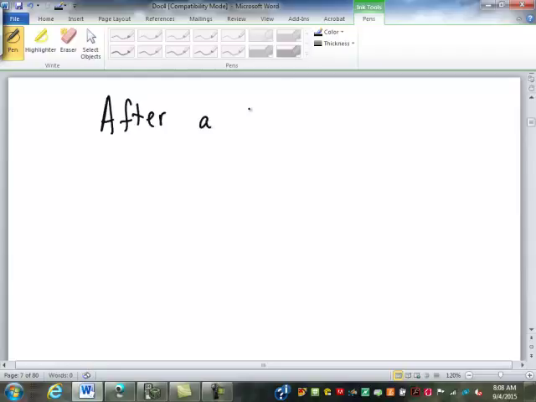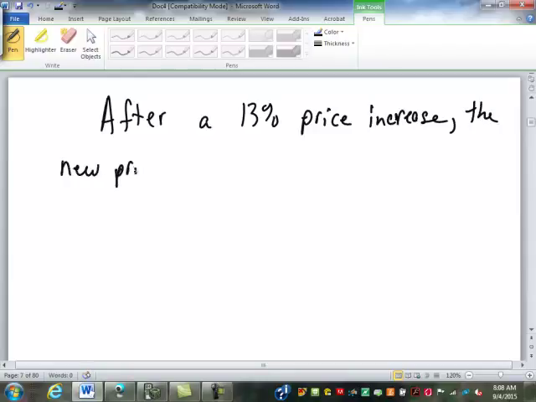After a 13% price increase, the new price is $452.